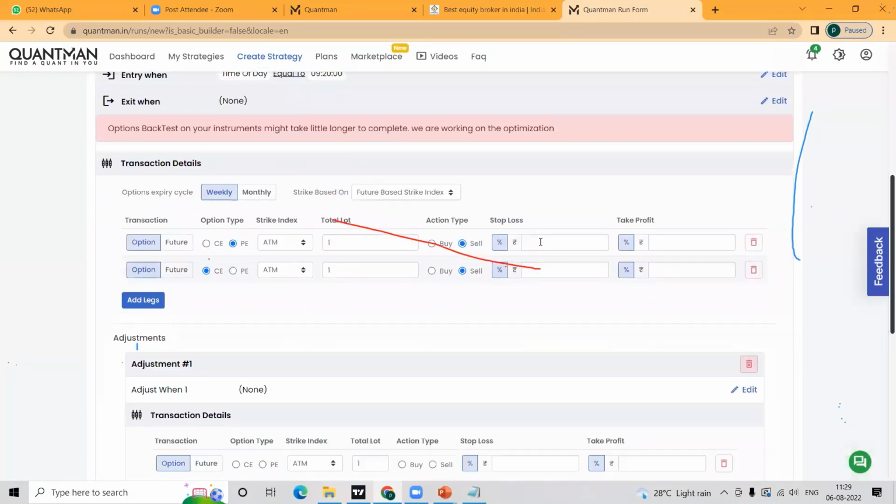I am going to place the individual stop loss also. Why am I going to place an individual stop loss? I will explain the logic. Because we don't predict the direction, that's why we are going to sell both the call and the put. Then if we don't predict the direction, why should we put the stop loss? Because in a whole month, 20 to 23 trading days are there, right?